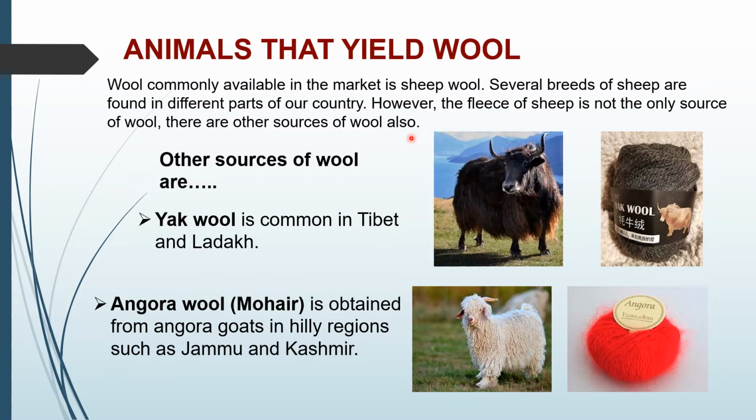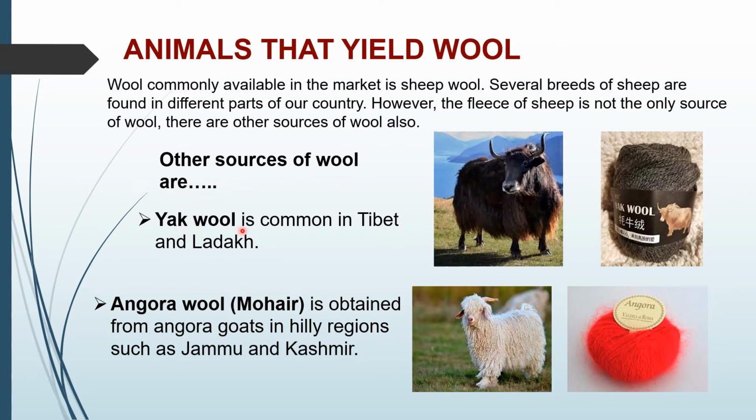The common wool is sheep wool, and in sheep wool also many kinds are available in the market. And not only sheep wool, wool from other animals is also used. Now let us see which wool that is.